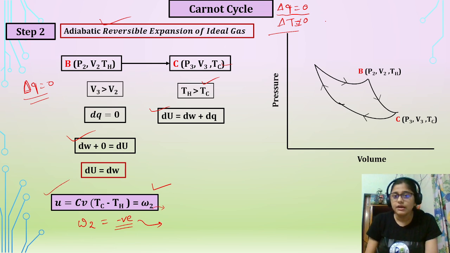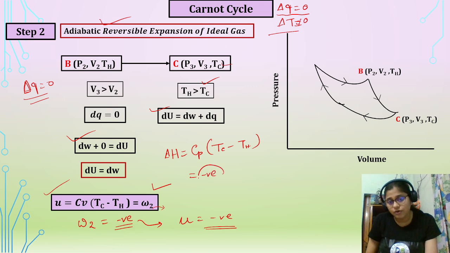Next, delta H will be, here delta U also will be negative. Fine. Delta H, CP dT, means again it will be negative.